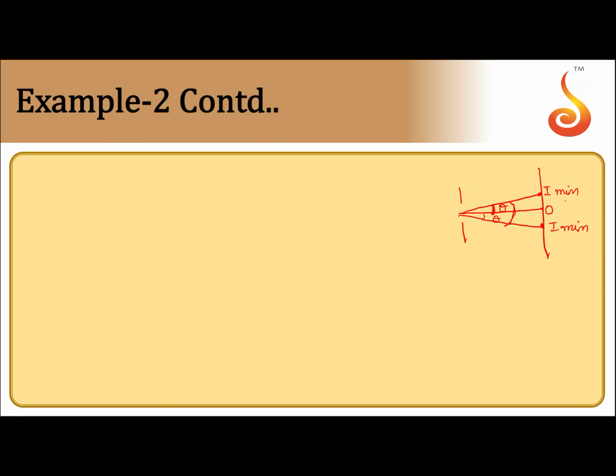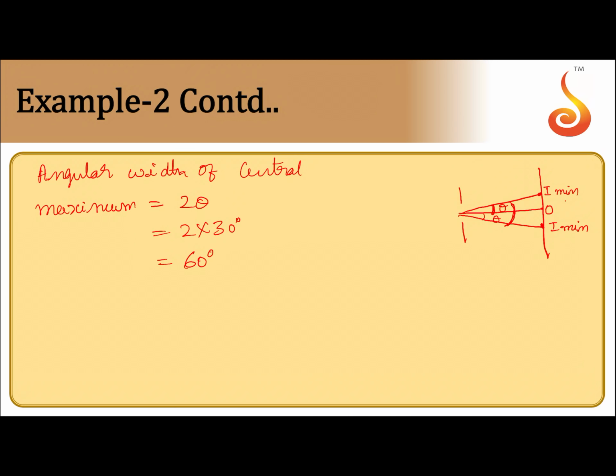Now this will give you the angular width of central maximum. So angular width of central maxima should be equal to 2 theta. So theta we found to be 30 degree. So 2 theta is equal to 2 into 30 degree, that is 60 degree. So the width of central maximum is the distance between first minima on either side. So angular width of central maximum is equal to 60 degree.